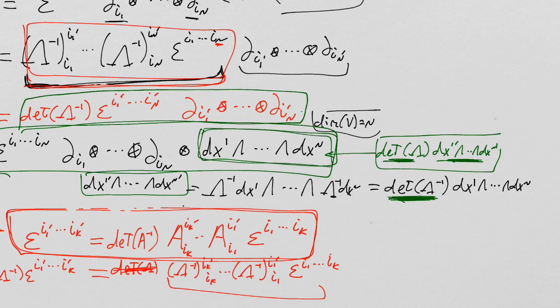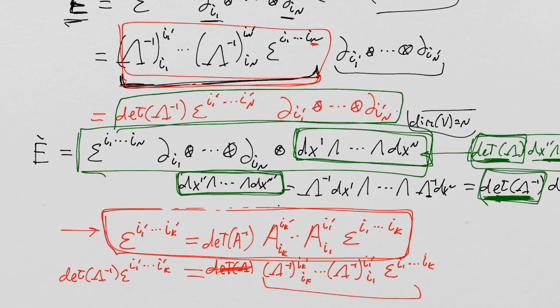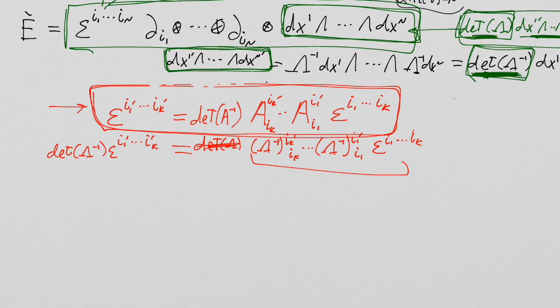So this thing here equals this thing here divided by this determinant, which is just multiplying it by the determinant of its opposite. Anyway, the point is that that determinant is going to cancel with this determinant, and you're going to be left with nothing but this as your components, right? Maybe I should write that out.